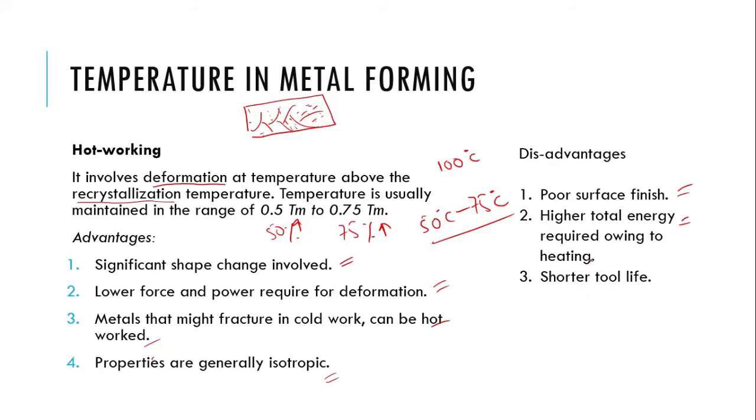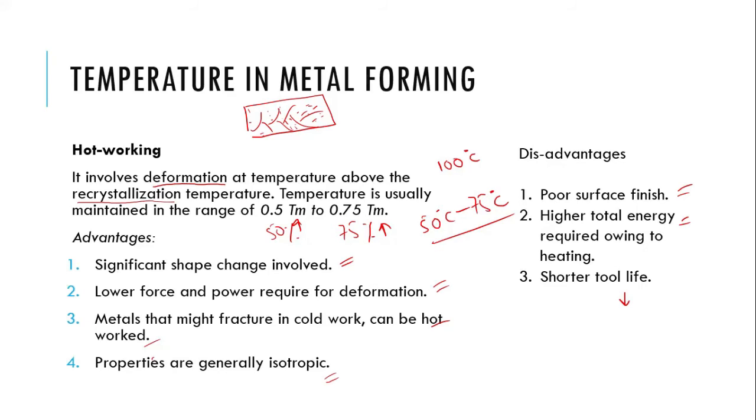The last one is that, let's suppose you are performing rolling, forging or extrusion, the tool which is deforming the material, because of the high temperature of the work part, its life also reduces. This is one of the disadvantages of hot working, while in cold working tool life is not reduced because of temperature.